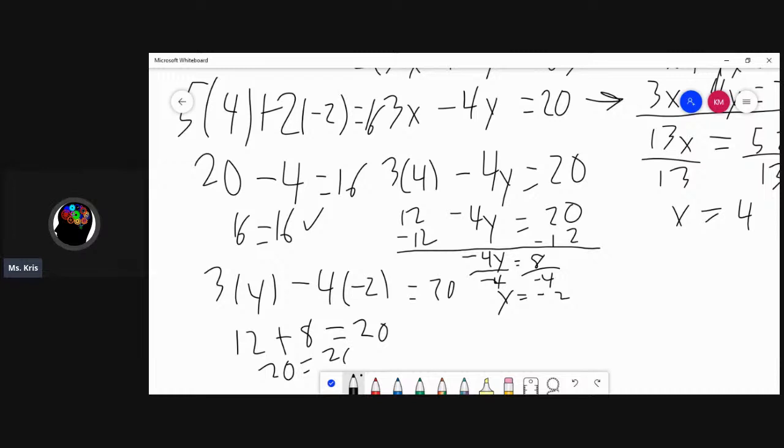And of course, 20 equals 20. And those check out.